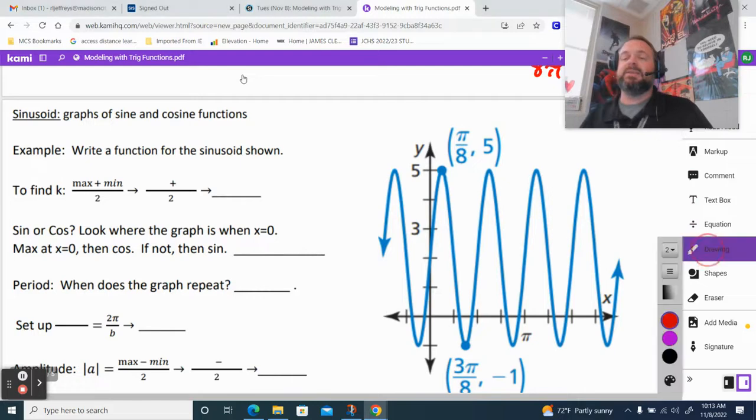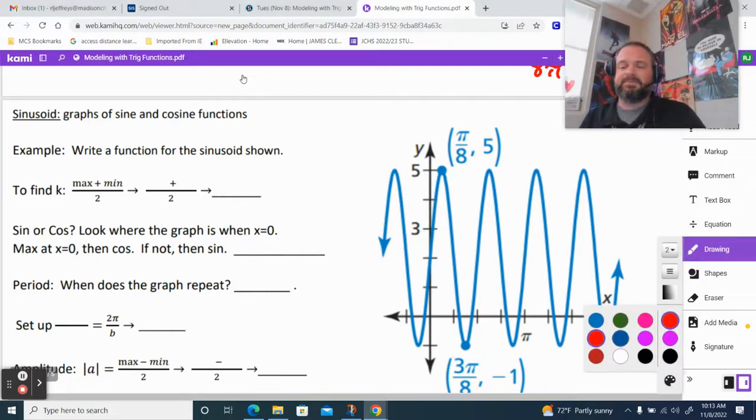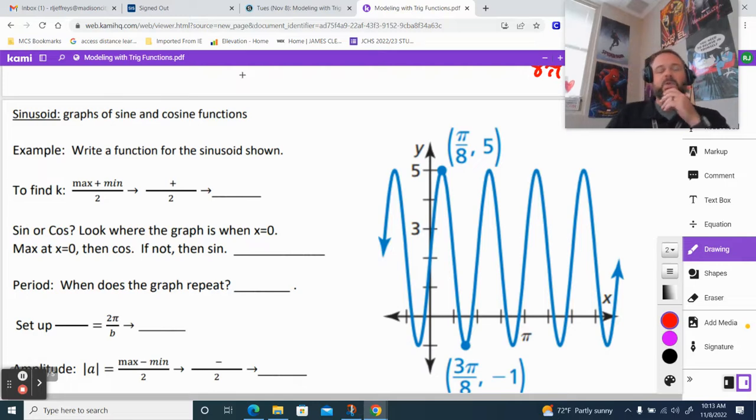Okay, so now let's dive into this together. All right, so if we're trying to write the equation, first thing we have to do is find k. k is going to be our midline thing that we learned about yesterday. So we're going to take our maximum value, which is 5, plus our minimum value, which is -1, and we're going to add those together.